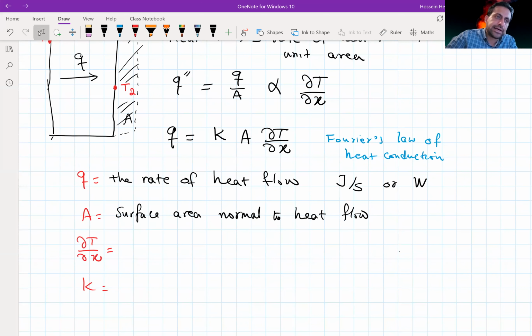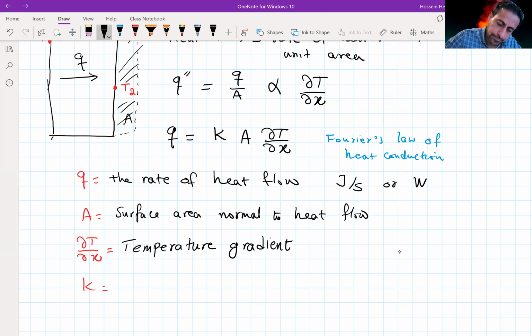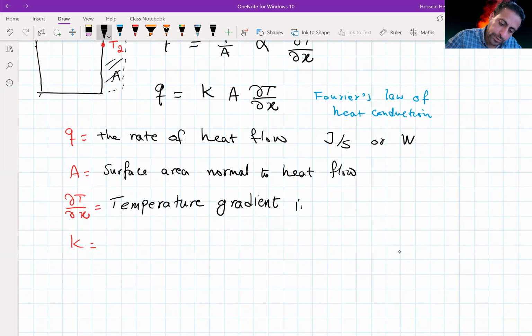Now dT dx is the temperature gradient in the direction of heat flow, and it has a unit of Kelvin per meter.